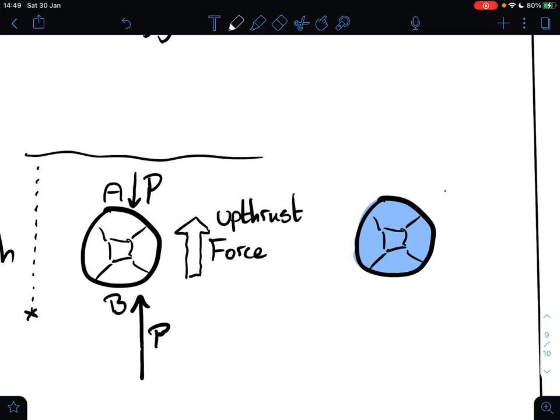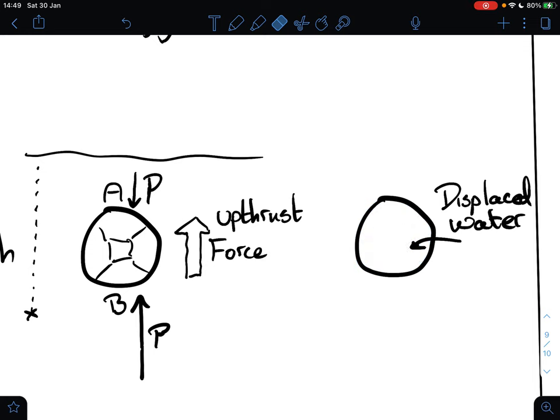Okay, so this is the displaced water. I've coloured it in blue to represent it. Technically you don't need those bits on it because it's just water now. Let's get rid of those for a minute. So that's the volume of the water that's been displaced by the ball.